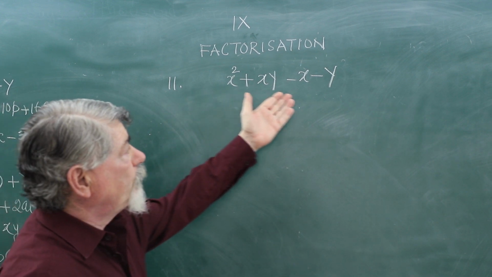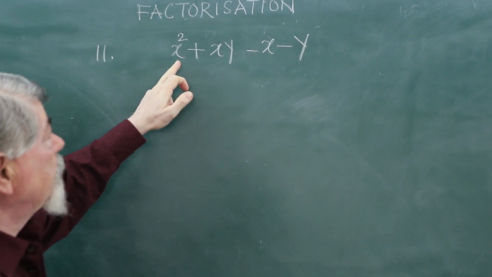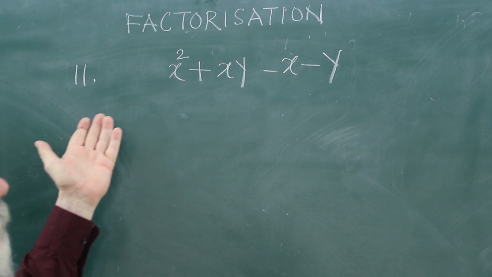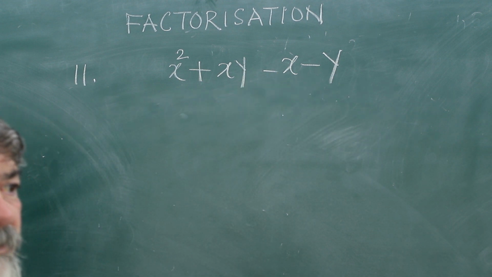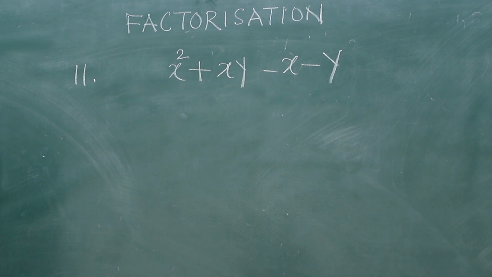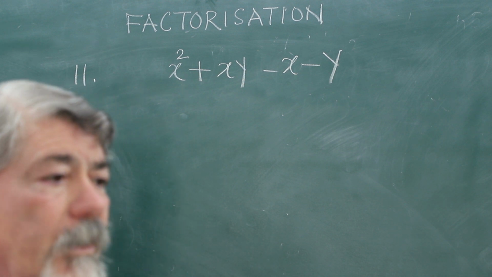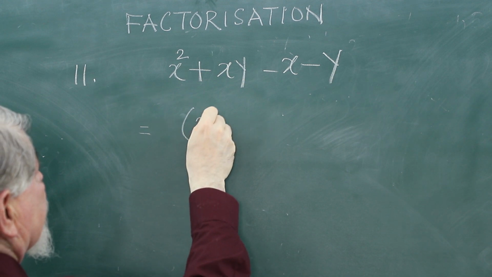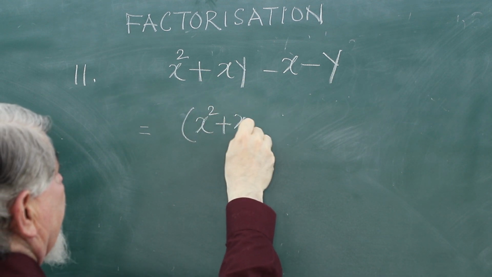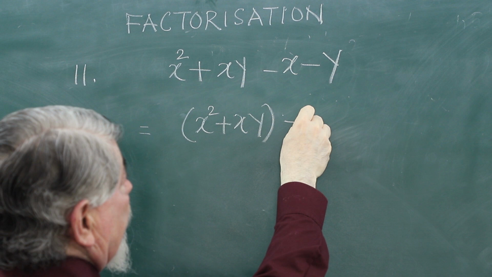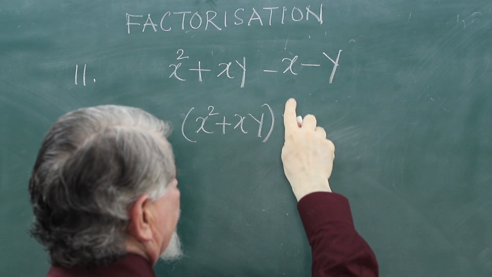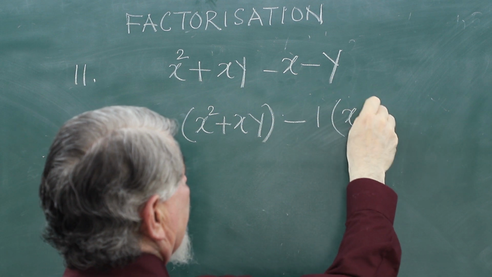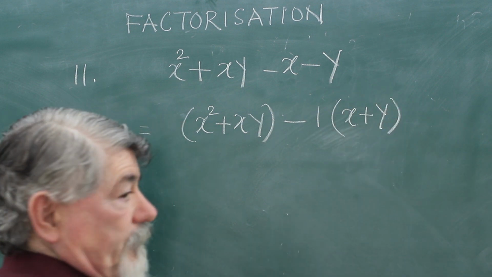If you look at all the four terms, I can take x common out of the three terms, but I can't take out anything common from y. So sometimes we have to make pairs. We have to make combinations. Like here, I'll combine x^2 + xy into one bracket, and out of −x − y, I'll take minus 1 common and it will become x + y.